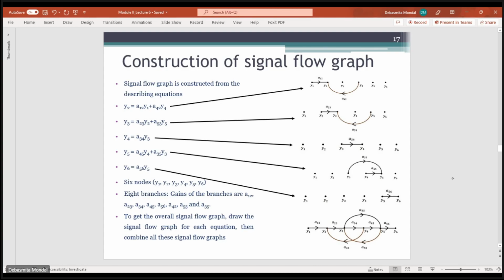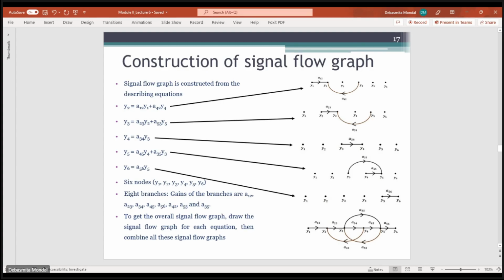Let us say you have been given a set of algebraic equations. You have y2 equals some gain into y1 plus some gain into y4, and five equations in all. There are 6 nodes: y1, y2, y3, y4, y5, y6.